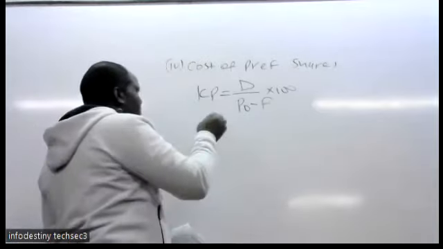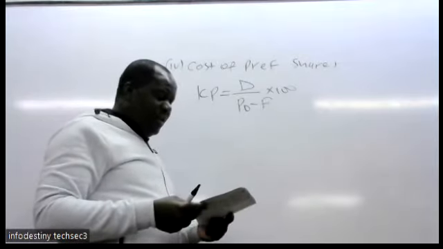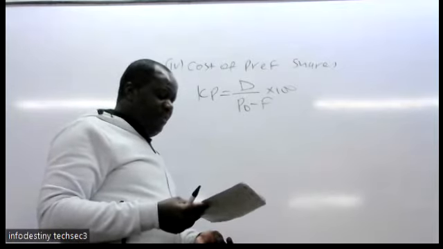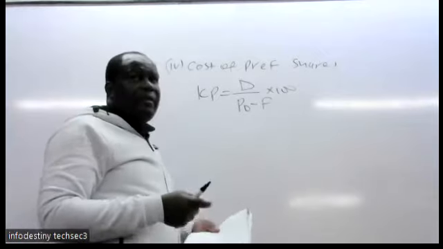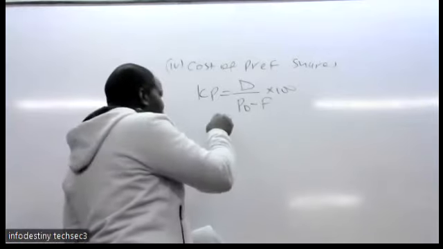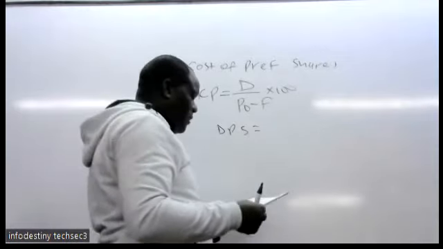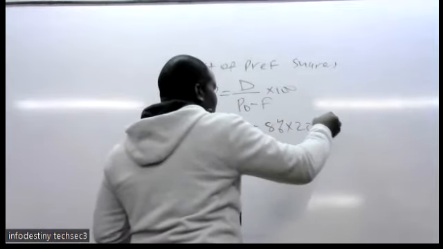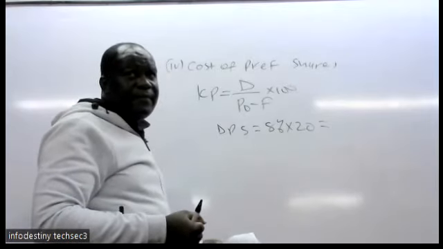So our dividend, I want you to go to note number 5. Existing 8% preference shares are currently trading at 25, but to compute the dividend per share, you are meant to get 8% of 20 shares.